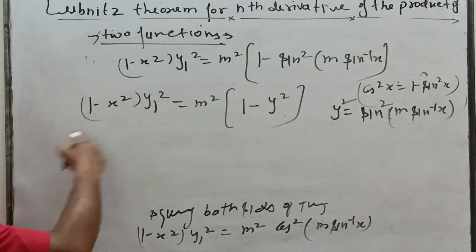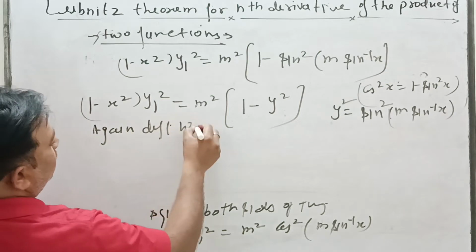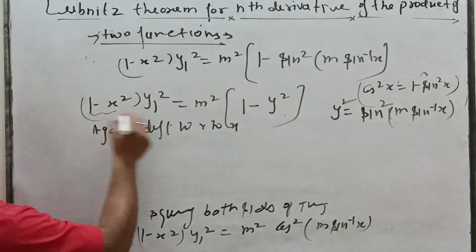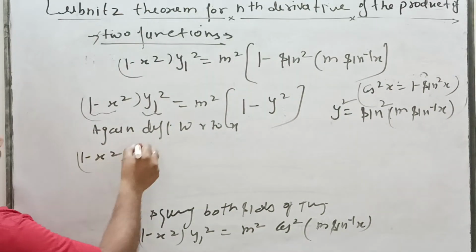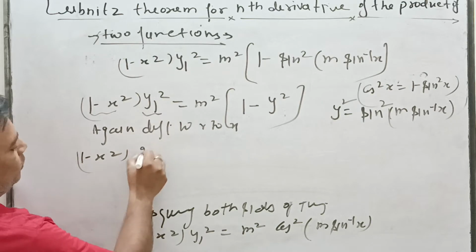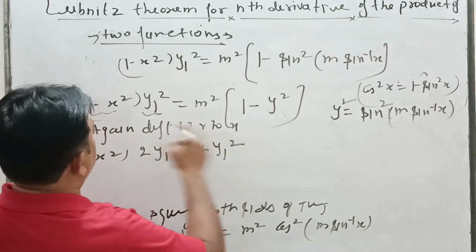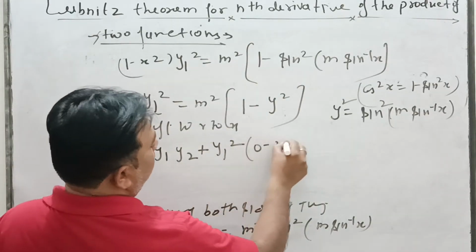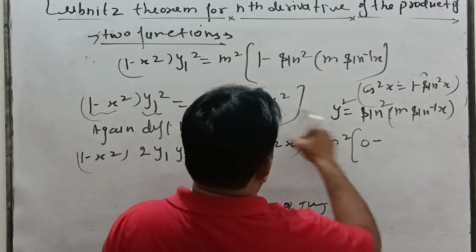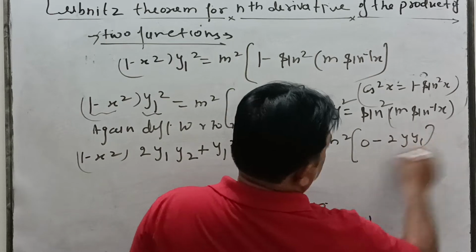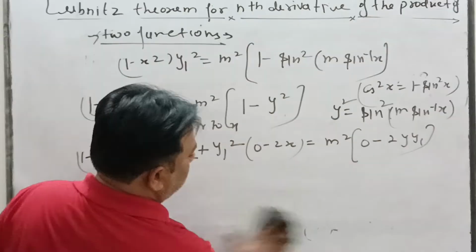Again differentiating this function with respect to x. This is the first function and this is the second function. So the derivative of 1 minus x square times y1 square is (1 minus x square) times 2 y1 y2 plus y1 square times (minus 2x), which equals m square times (0 minus 2 y y1). If you have any doubt, this is only the differentiation of this function with respect to x.